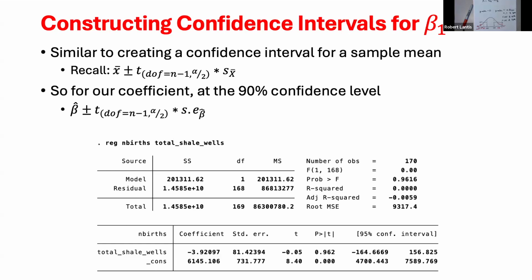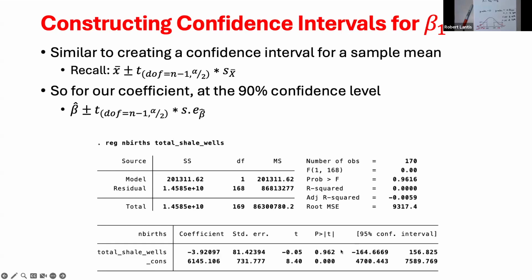So even though we're always doing our hypothesis testing for the assumed true value of 0, what this is telling me is that for a two-tailed test, if I were to assume that that slope coefficient was anything in between these values, I would always fail to reject that null. I can't say what the value is. With 95% confidence, it's one of the values in between negative 164 and 156. But I don't know which one.